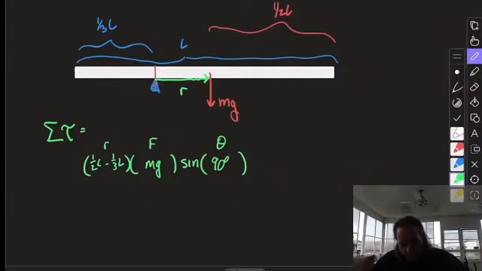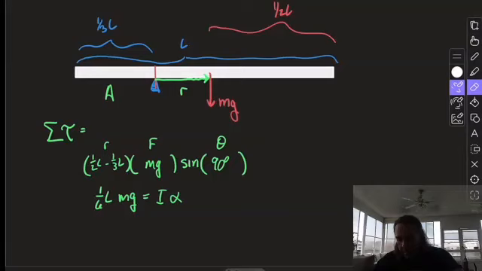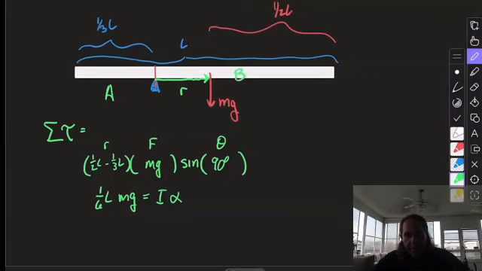The hard part is that this system has an unbalanced torque now, which has to equal I alpha. If you want to balance it, would you put a weight on the A side of the bar or the B side of the bar? You want to get it to come to rest. There's nothing you can do with a weight on the B side of the bar that's going to help this come to rest.